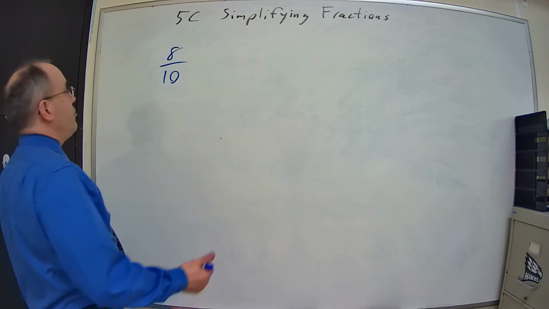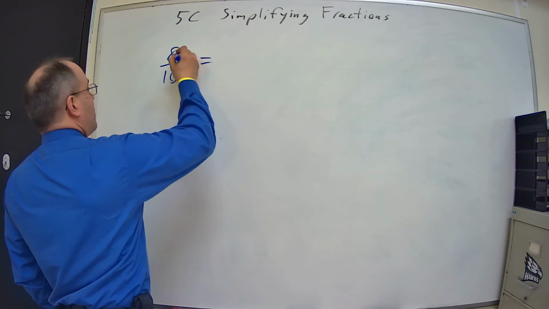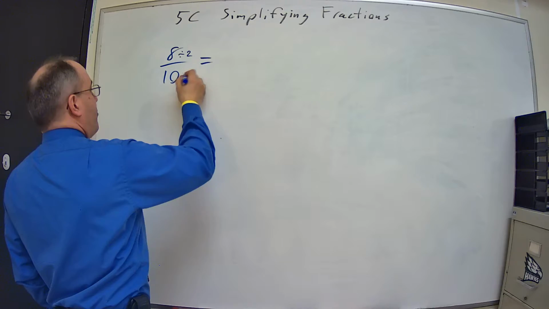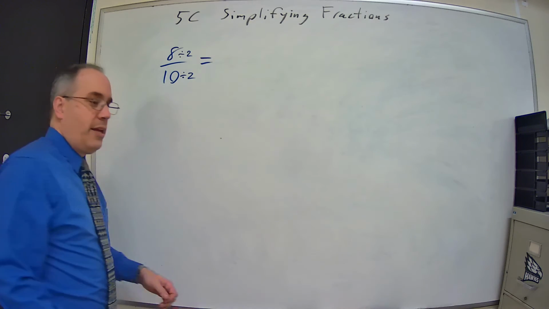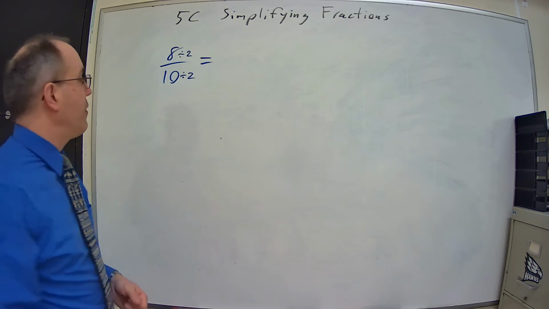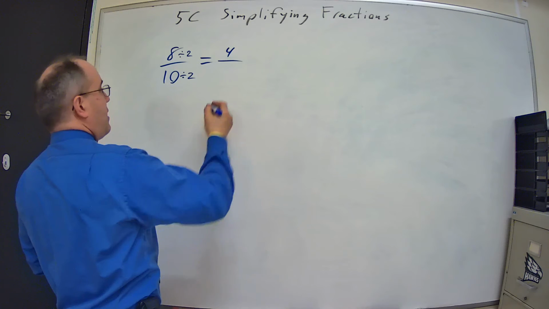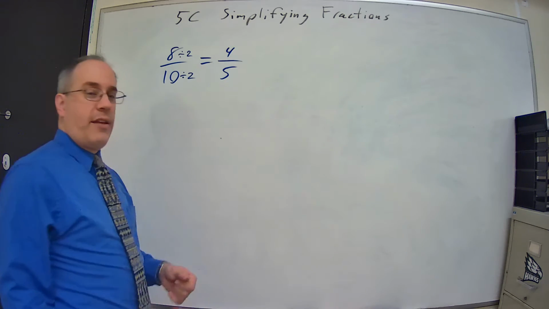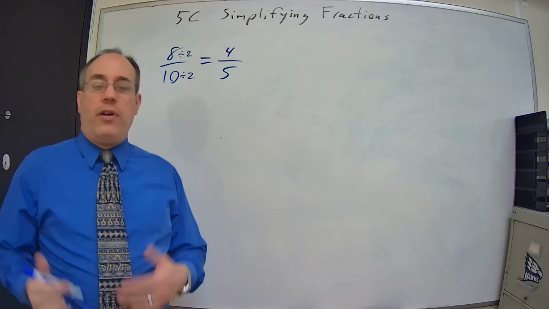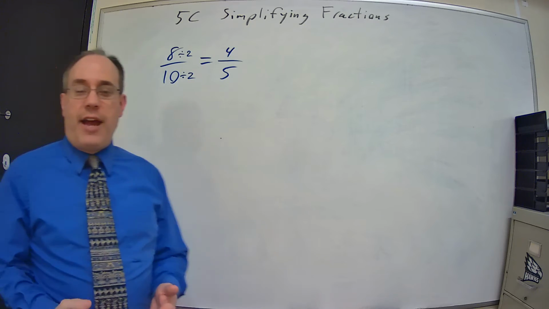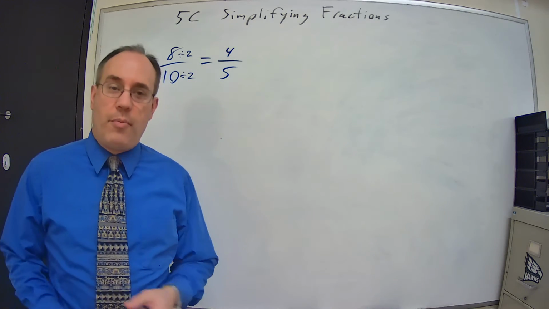So what I can do is divide both the top and the bottom by 2. 8 divided by 2 is 4. 10 divided by 2 is 5, and we end up with 4/5. And that is a fraction in simplest form.